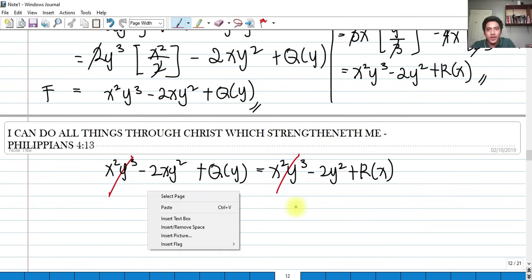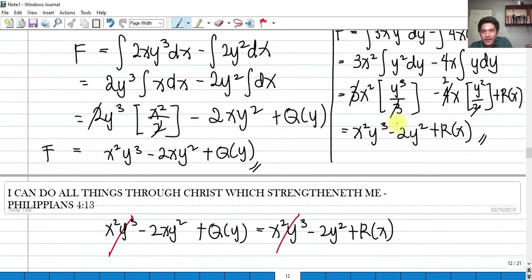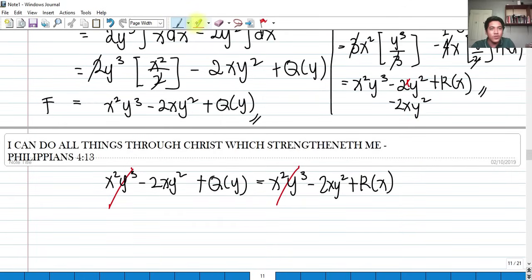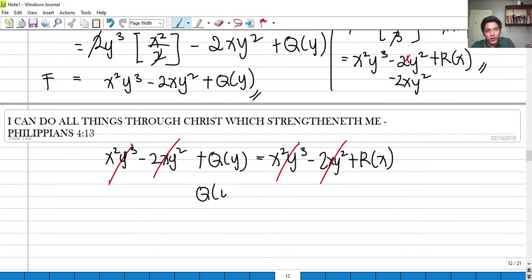Oh, of course, I'm sorry, this has an x here. 2xy squared. I'm so sorry, I forgot to write that. So let me just rewrite this: 2xy squared. Such that these two also would cancel, and we are left with the value of q of y.